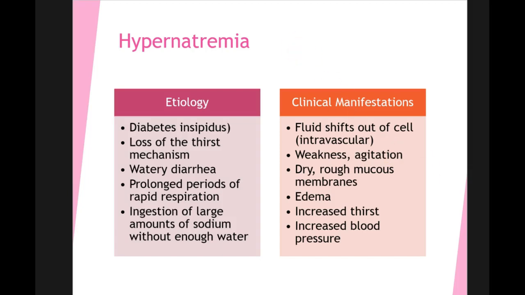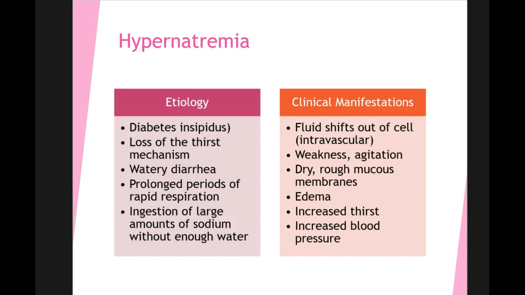Some specific causes can be insufficient antidiuretic hormone, like with diabetes insipidus. That just results in large volumes of diluted urine. So the person is having all of this fluid loss, but not the sodium loss.